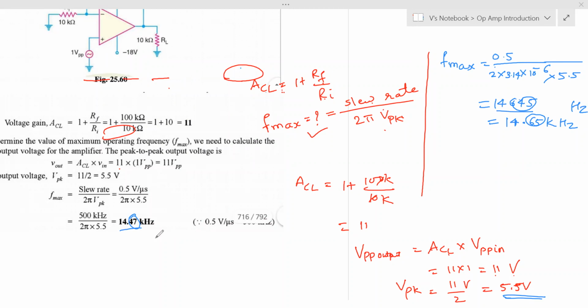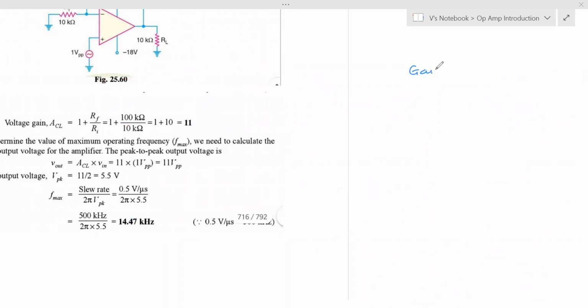So this way we have to calculate all this. So along with the gain, output voltage, क्या क्या quantities हम निकालते हैं? First thing is gain. What is the formula? 1 plus RF upon RI. Gain is ACL. Then second is output. Output निकालने का क्या formula है? Gain multiplied by input, right? And then we calculate F max.